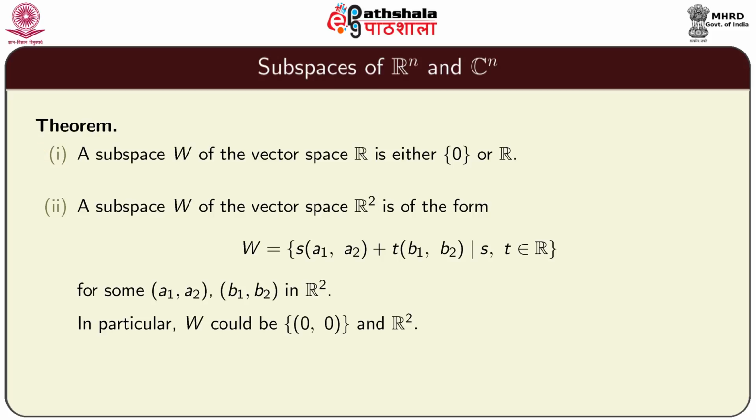The second part of the statement says that a subspace W of the vector space R 2 is of the form W is equal to S (A 1, A 2) plus T (B 1, B 2), where (A 1, A 2) and (B 1, B 2) are fixed elements in R 2 and S and T vary over the set of real numbers.